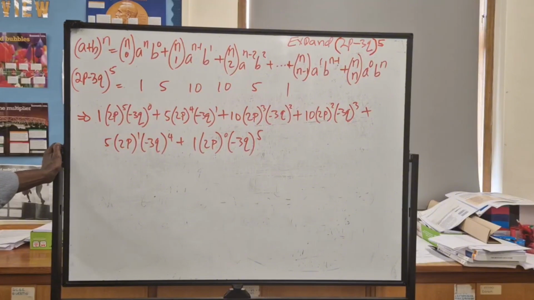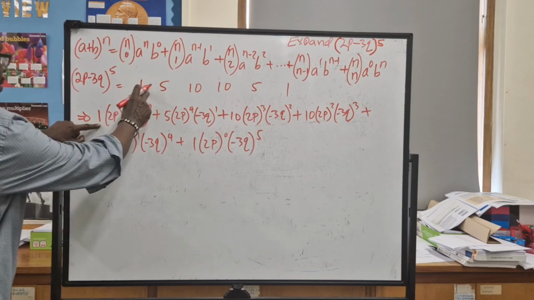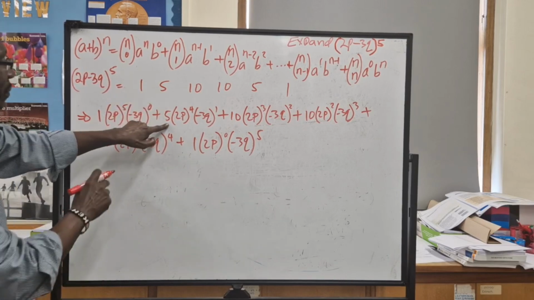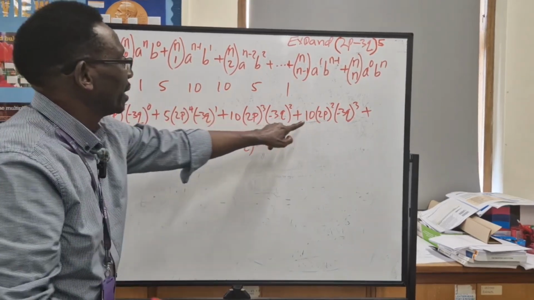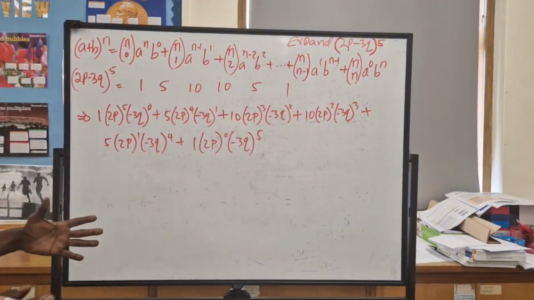Okay, I've written it down. Let's check whether I've written it correctly. So we've got the coefficients 1, 5, 10, another 10, 5, and 1. So I think that's correct.